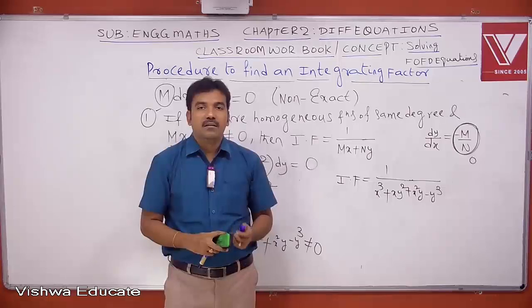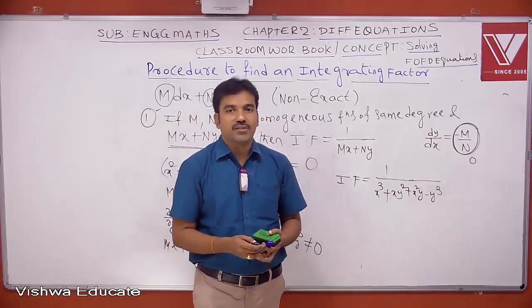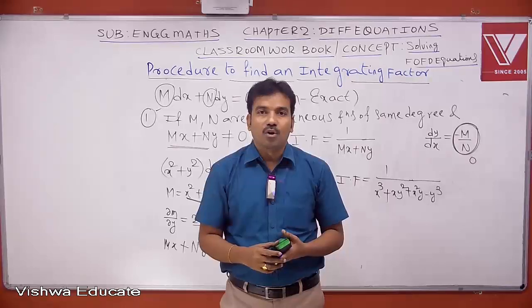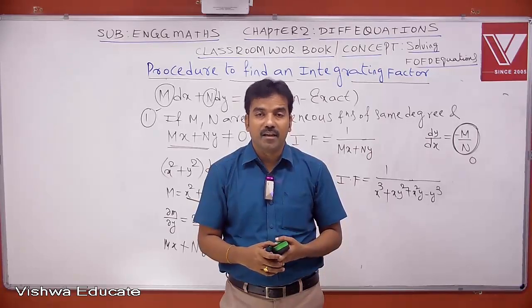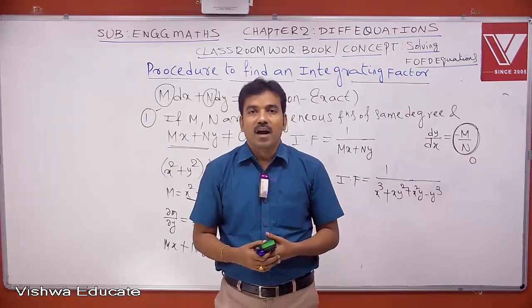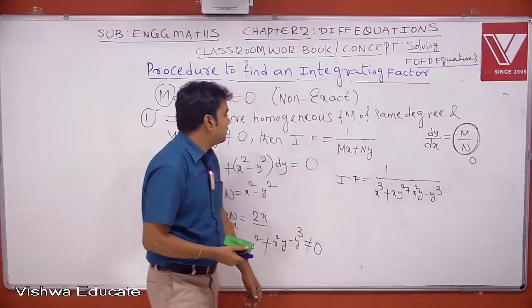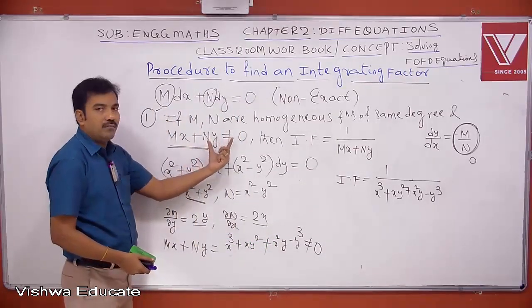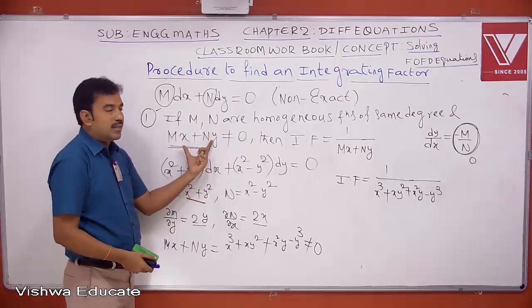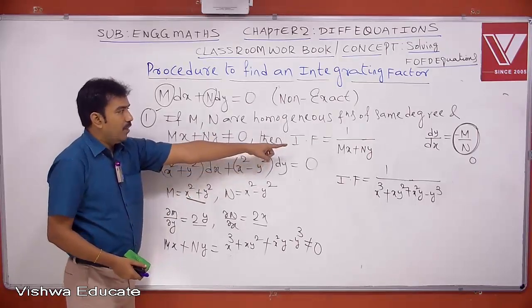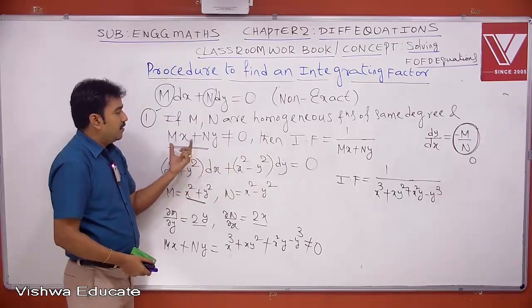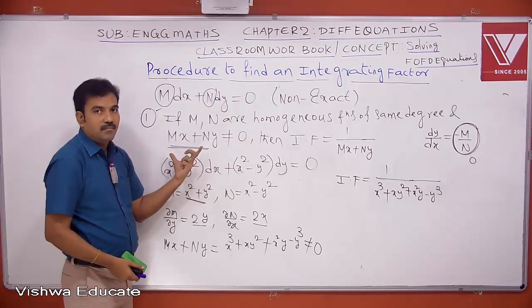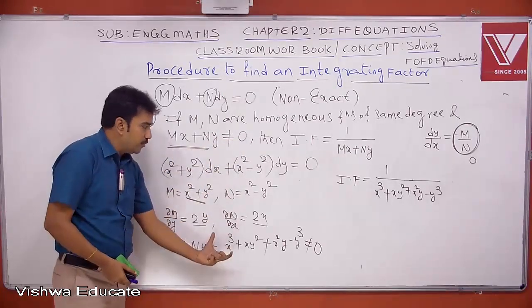If M, N are homogeneous functions of same degree and Mx plus Ny is not equal to 0, then IF is 1 by Mx plus Ny. Work out this example.